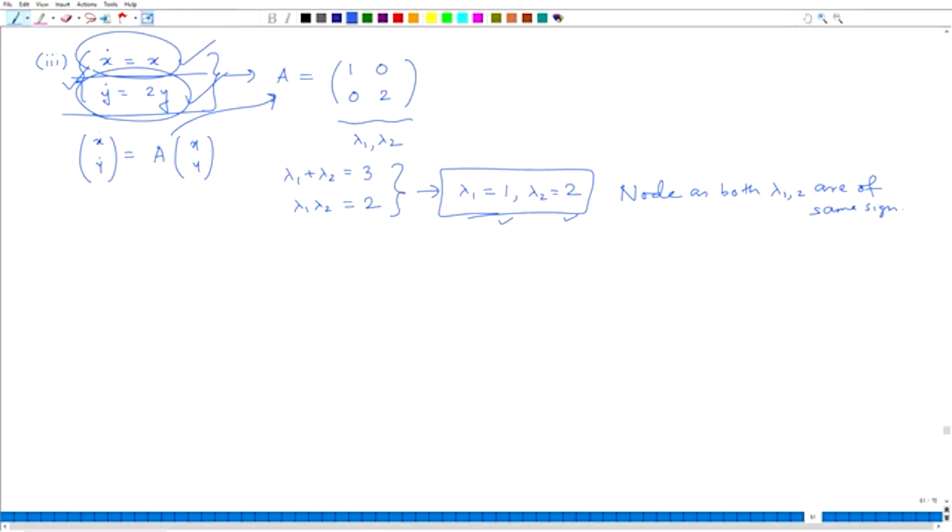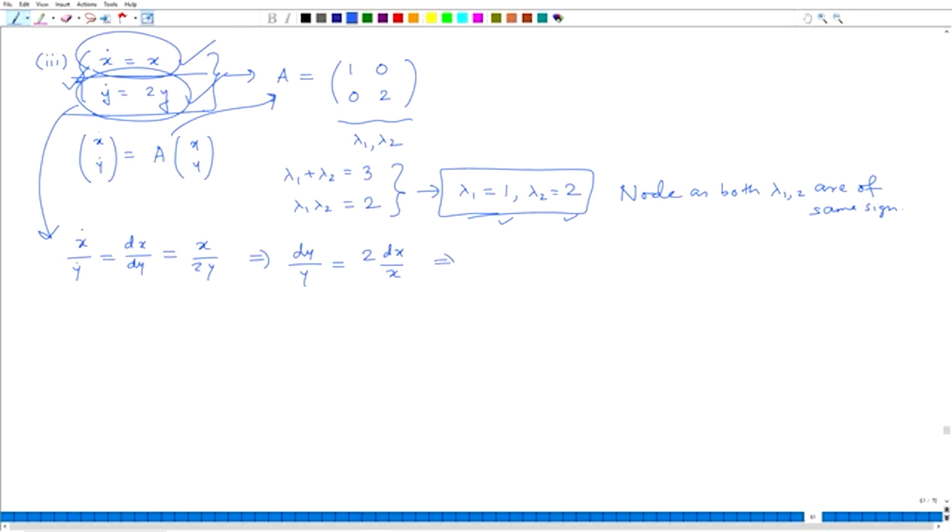Or, just to show you another possibility, I can do x dot by y dot, that will be equal to dx by dy, and that will be exactly equal to x by 2y. So, in this problem you will have dy by y is equal to 2 dx by x.